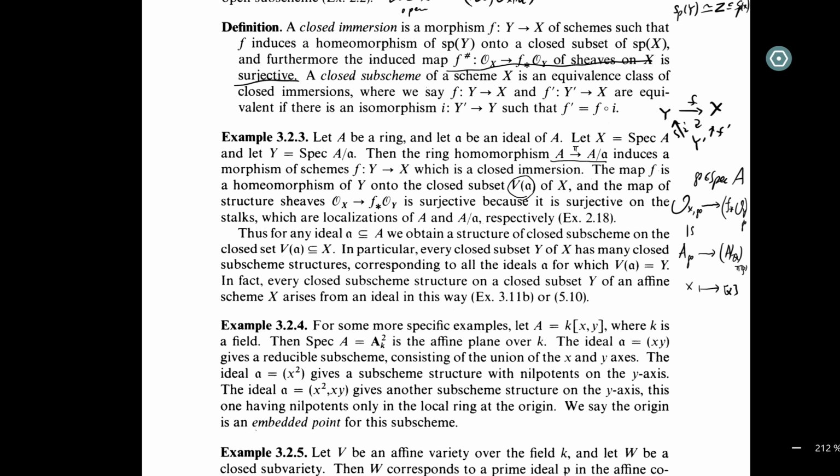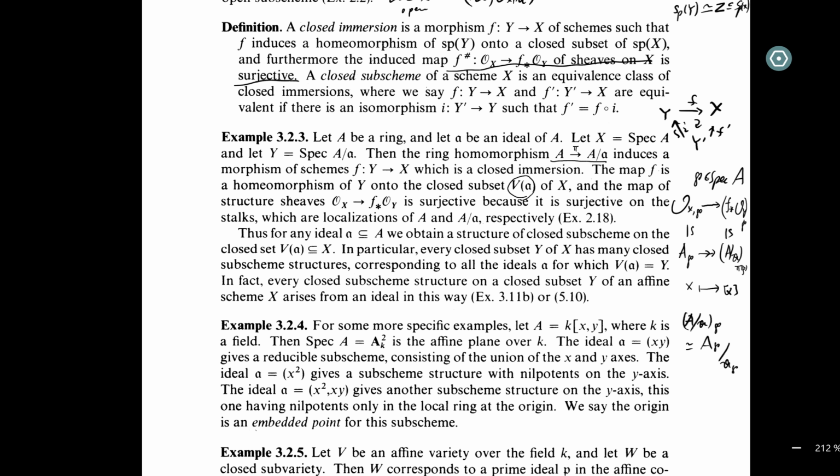Because we know for the ring A and its quotient ring, there is a bijection between the ideals containing a and the ideals inside A. So it's obvious it's surjective.